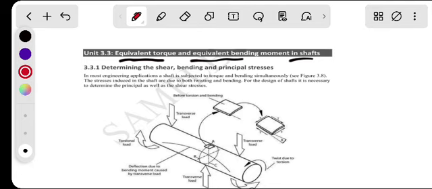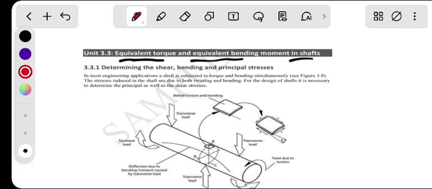All right, so we've been given equivalent torque and equivalent bending moment. All right, so we have to determine the shear, the bending and the principal stresses.